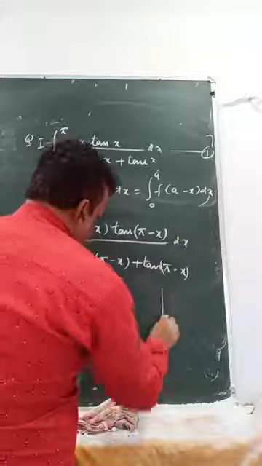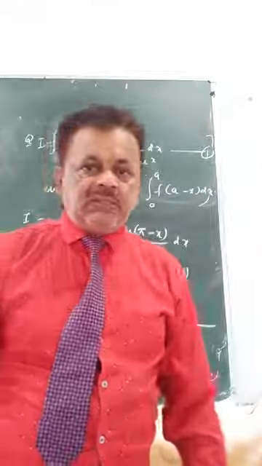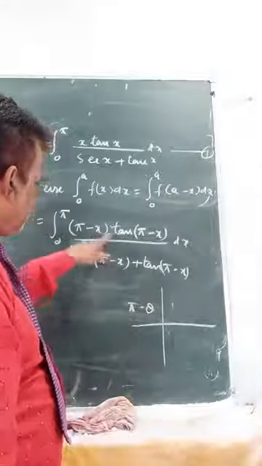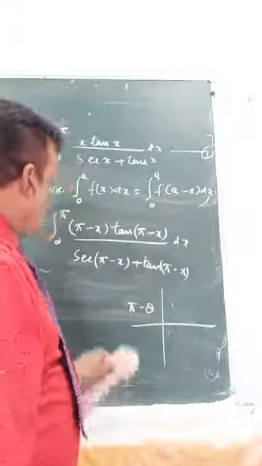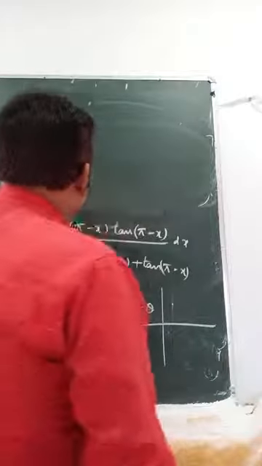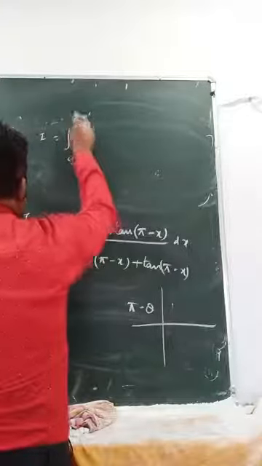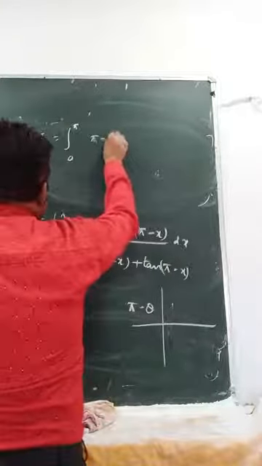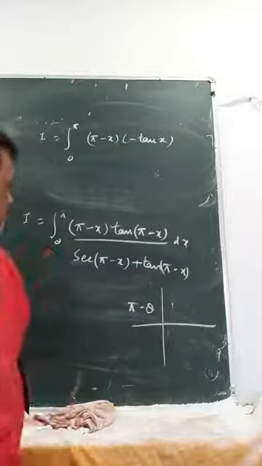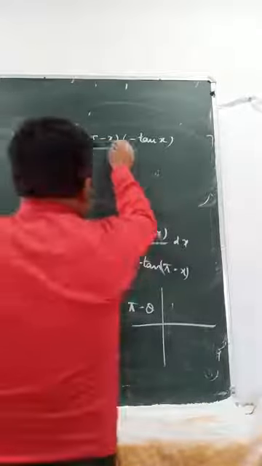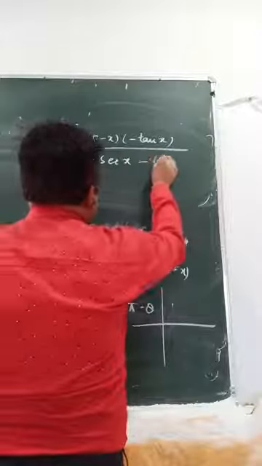Okay, I'll talk about your quadrant. Pi minus theta. In this quadrant, which one is positive? Only sine is positive. That means tan is negative, sec is also negative. So what do you get here? I equals integral 0 to pi, pi minus x, this is minus tan x, this is minus sec x, this is minus tan x.